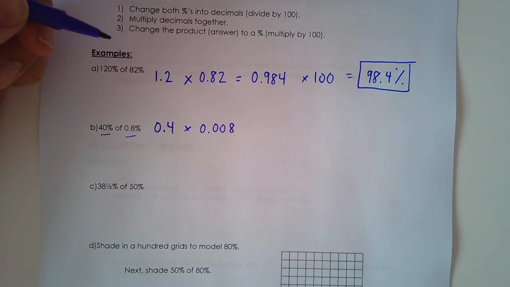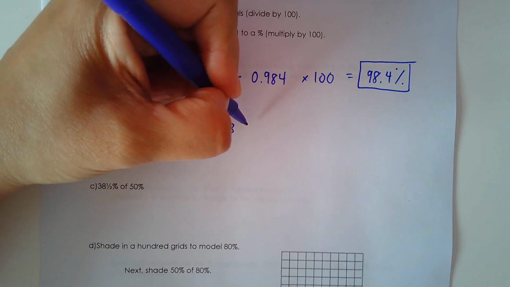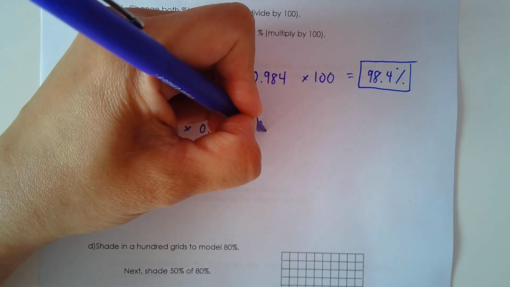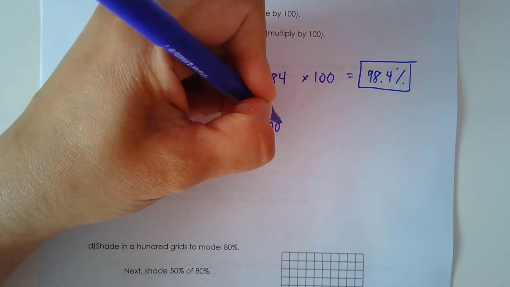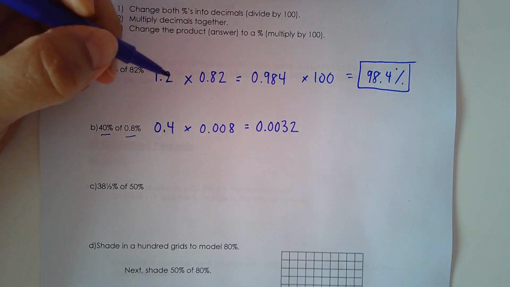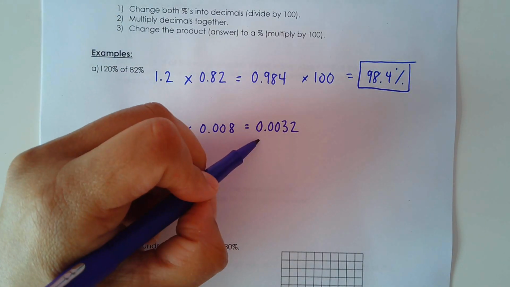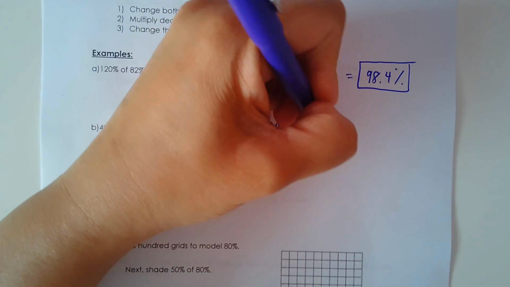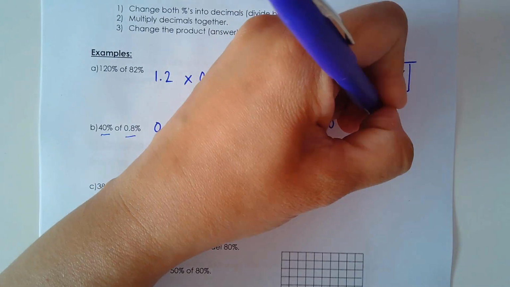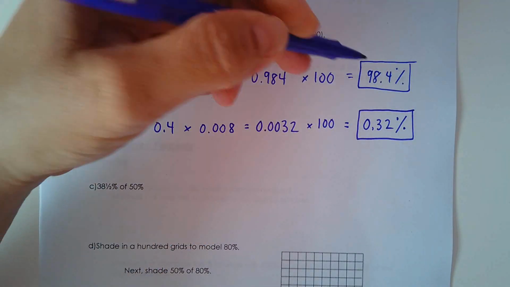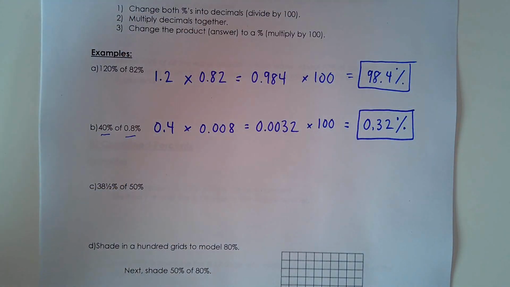Okay, step 2, we multiply the two decimals together using our calculator, so we end up with 0.0032. And then the third step is to change our product into a percentage. So we multiply it by 100 and we end up with 0.32%. Make sure that you include the percentage sign in your answer.